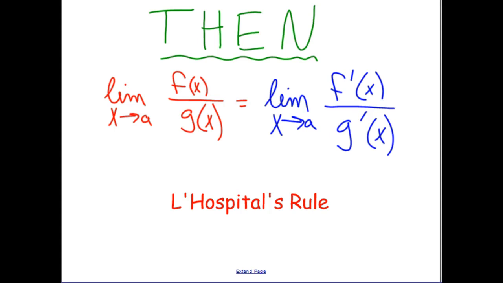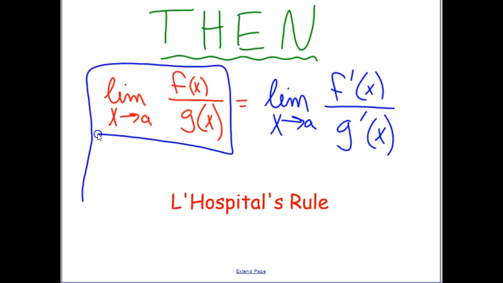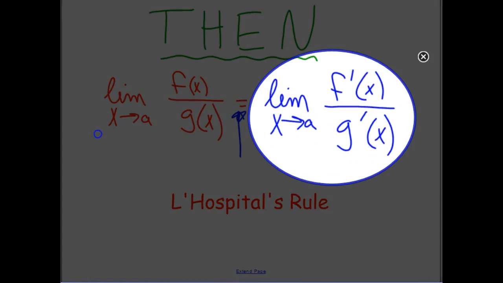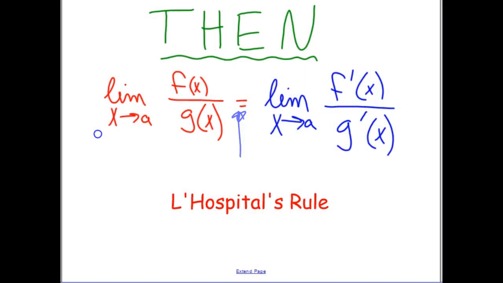So this is what this says. If you have L'Hopital's premise satisfied, 0 over 0 or infinity over infinity, then you can apply the rule. And the rule simply says that the limit of this that gave me 0 over 0 or infinity over infinity is going to be the same if I take the derivative of those and then find the limit.